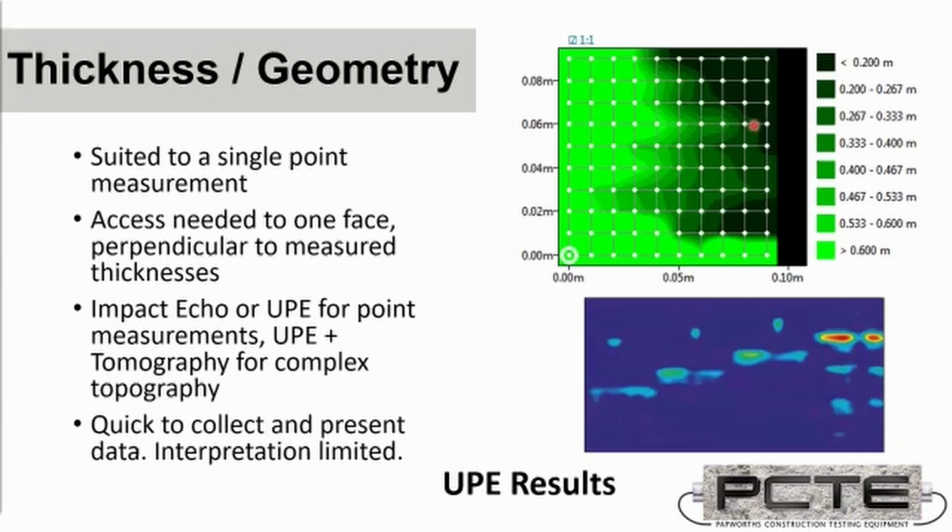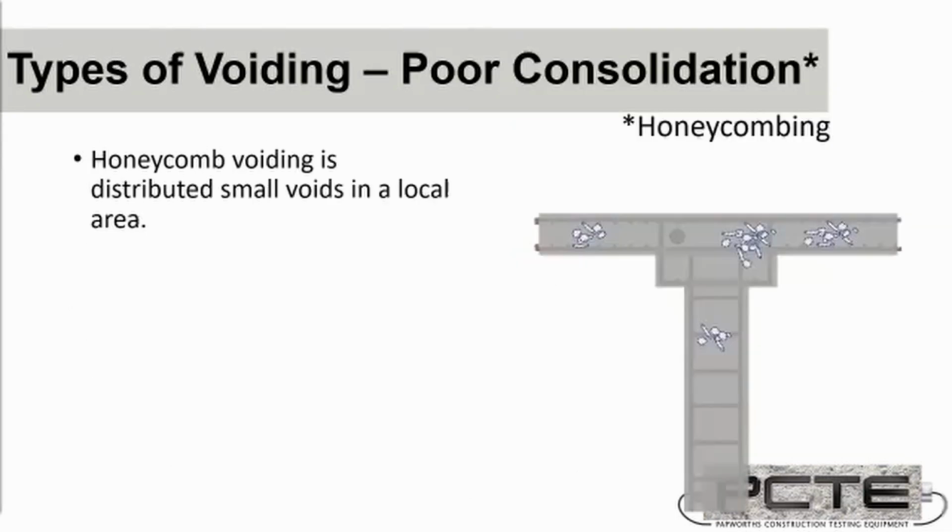Going on to probably the most tricky to measure form of internal voiding of a structure, let's talk about consolidation. Poor consolidation or honeycomb voiding is one of the most difficult to locate forms of voiding, because it can be quite distributed.